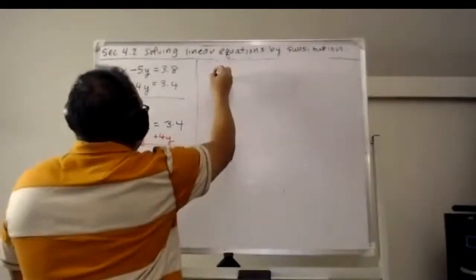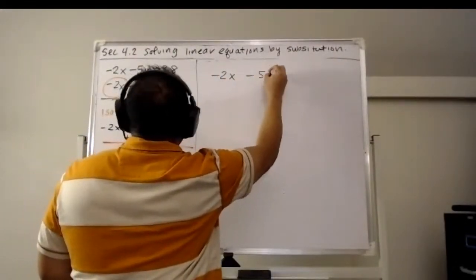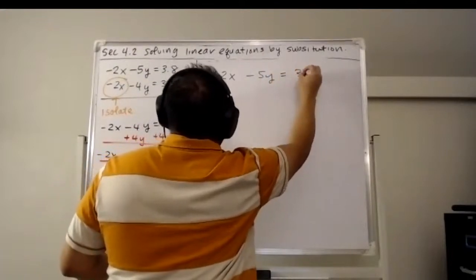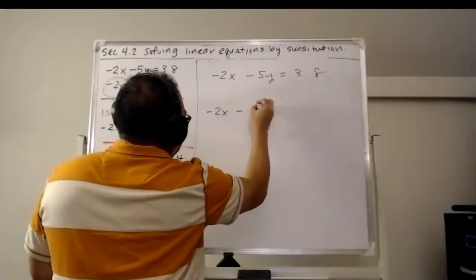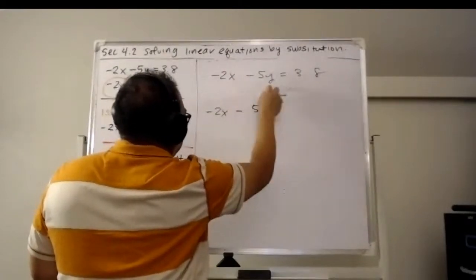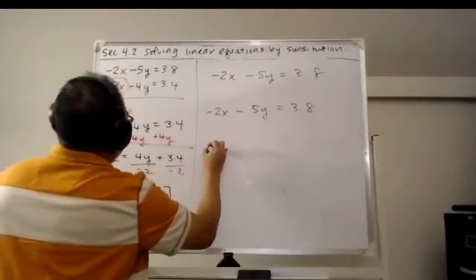Okay. So I have the option. Let me write this down 4 times. Of either isolating this x, this y, or the x and the y on the bottom.